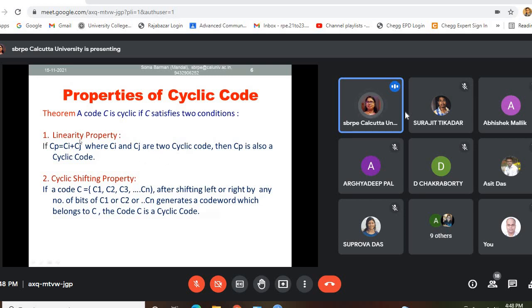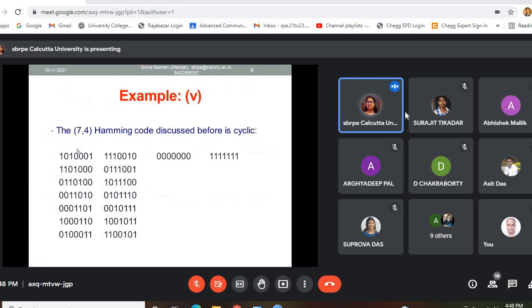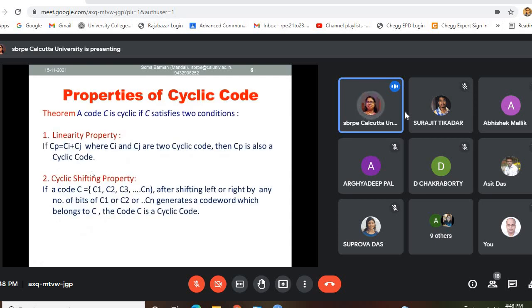What is the linearity property? If I say Ci and Cj are two code words in your code C, and we add them, this is the superposition property. This addition is modulo addition, that means modulo 2 operation, Galois field 2.